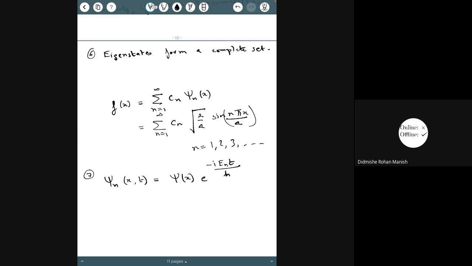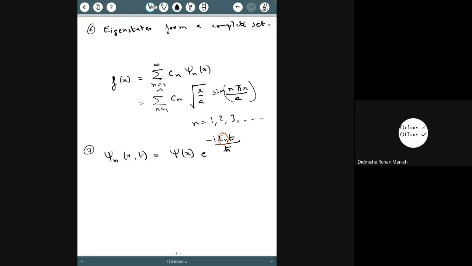And it is called a phase factor because there is an imaginary i multiplied with it, which depends on the energy of that eigenstate. So this is the important part. So here, since we know E_n, we know psi(x), the time dependent wave function is also known, okay, for the eigenstates.